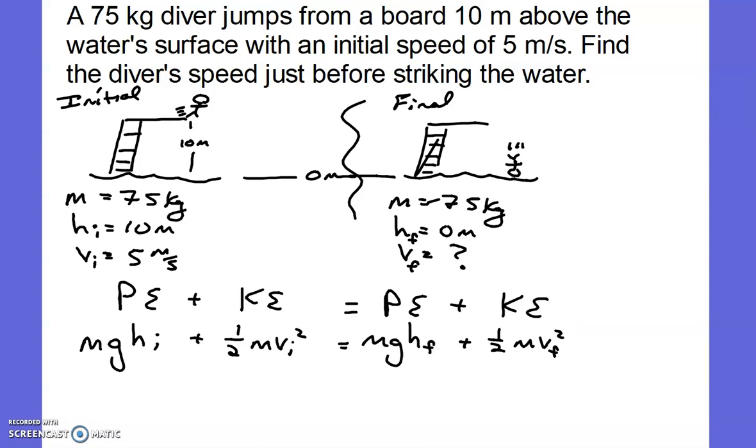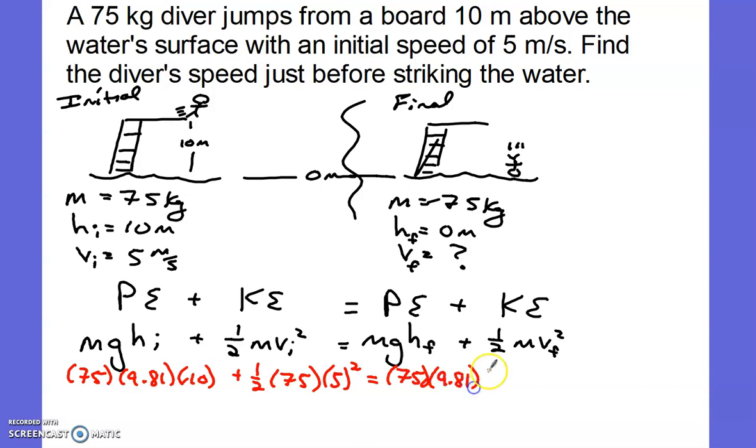We can then place our numbers into our formula. We have the mass to be 75. G is always 9.81, and the initial height is 10. Then we have 1/2 the mass, which is 75, times the initial speed, which is 5, and that is squared. In our final conditions, again, we have the mass is 75, G is 9.81, and the height is 0.